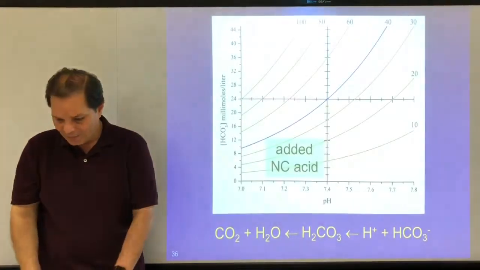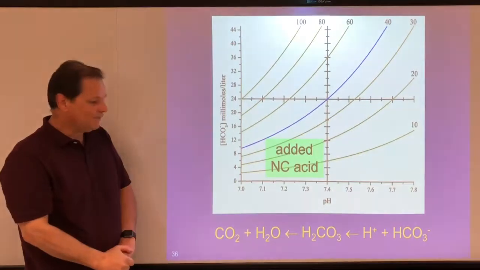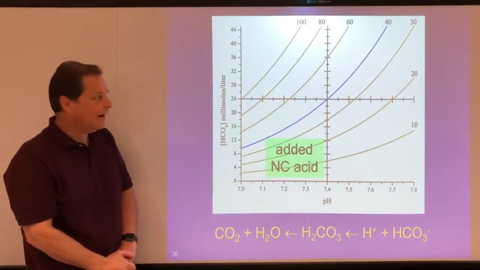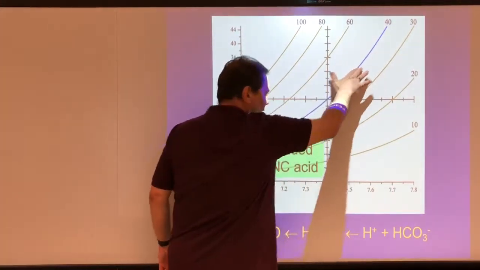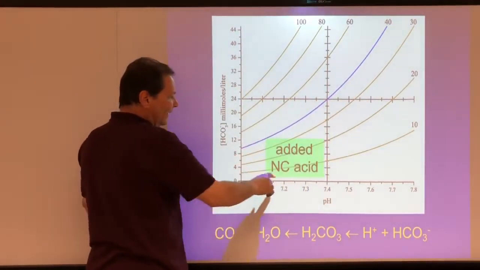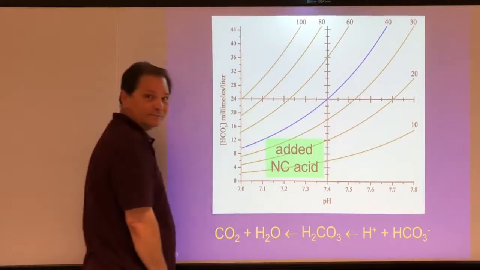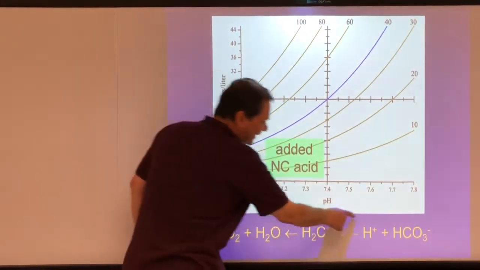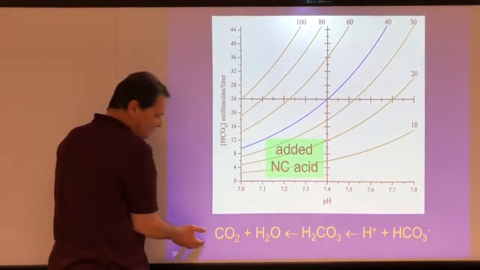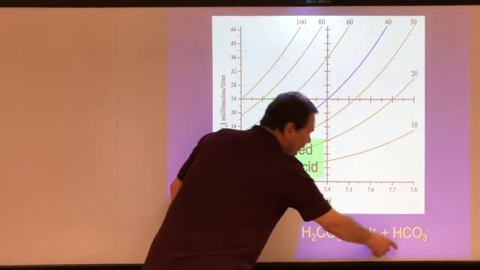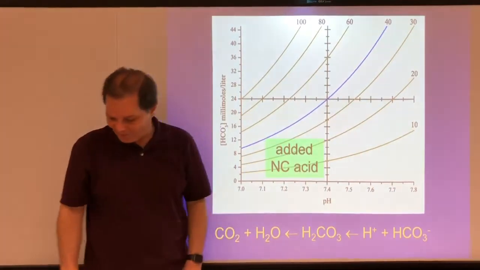So let's see what this means. Here's my Davenport nomogram. I'm starting at a PCO2 of 40, which is normal, and I'm adding a non-carbonic acid. That non-carbonic acid adds more hydrogen ions, shifts this equation to the left, and my bicarb goes down. So how do I represent that here?